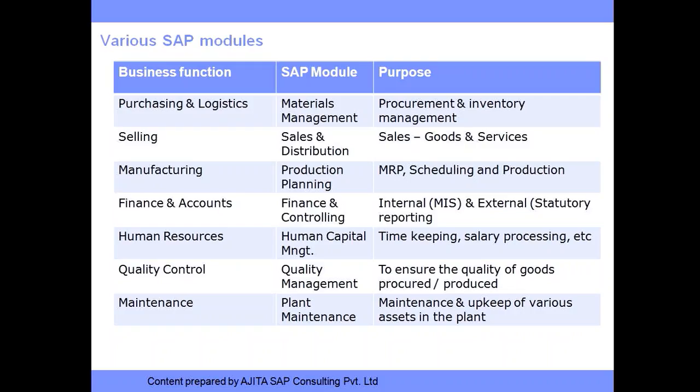Okay. So similarly, when we go to the business function of human resources, there's a SAP module called HCM, Human Capital Management. For timekeeping, for salary processing, etc., this module is used. Similarly, we have QM module, which is known as Quality Management module.